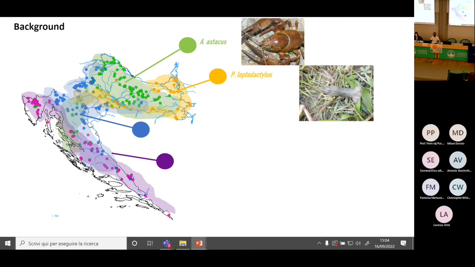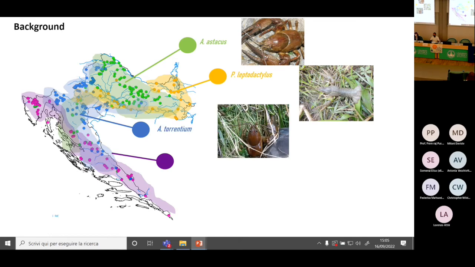The second species is Pontastacus leptodactylus, or narrow claw crayfish, distributed in lowland Croatia in bigger rivers. This is a quite robust species that can stand quite polluted waters, so it shows some signs of spreading and pushing out the noble crayfish.